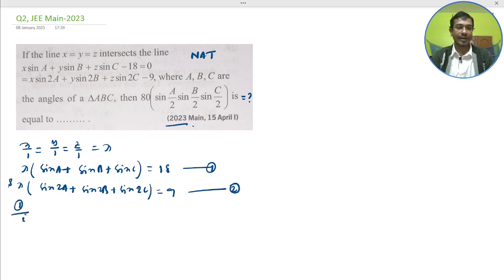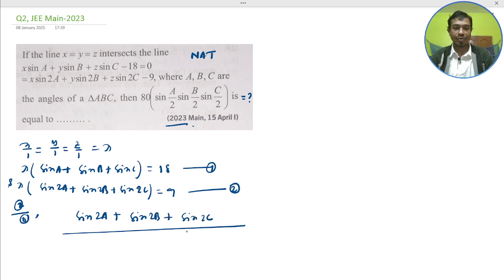I just divide 2 by 1, that sin 2A plus sin 2B plus sin 2C divided by sin A plus sin B plus sin C, that is equal to 9 by 18, so half.